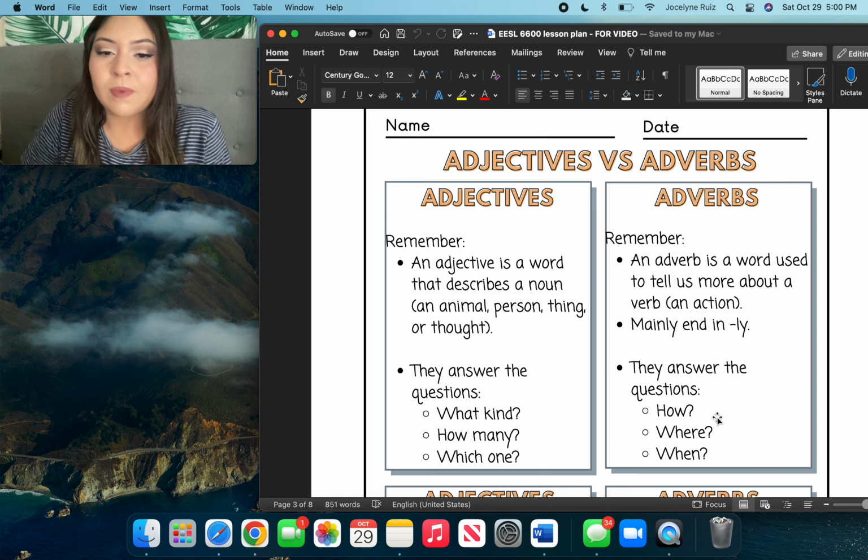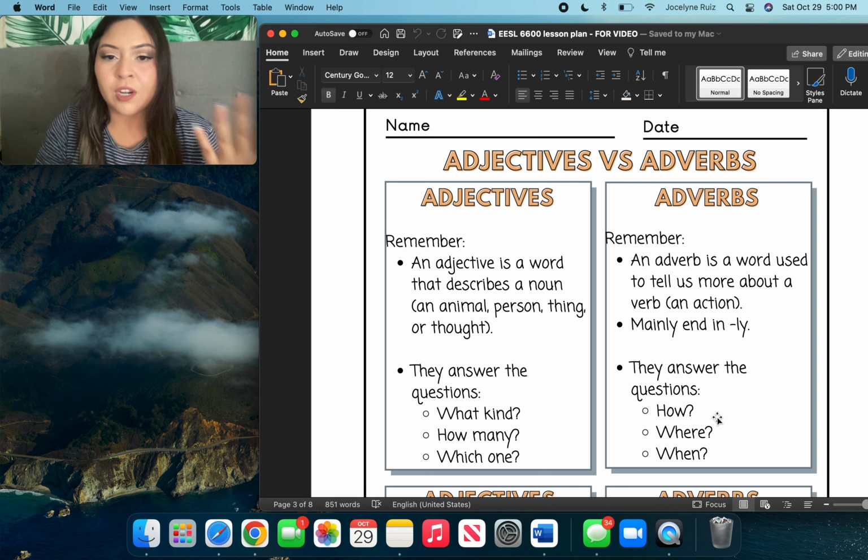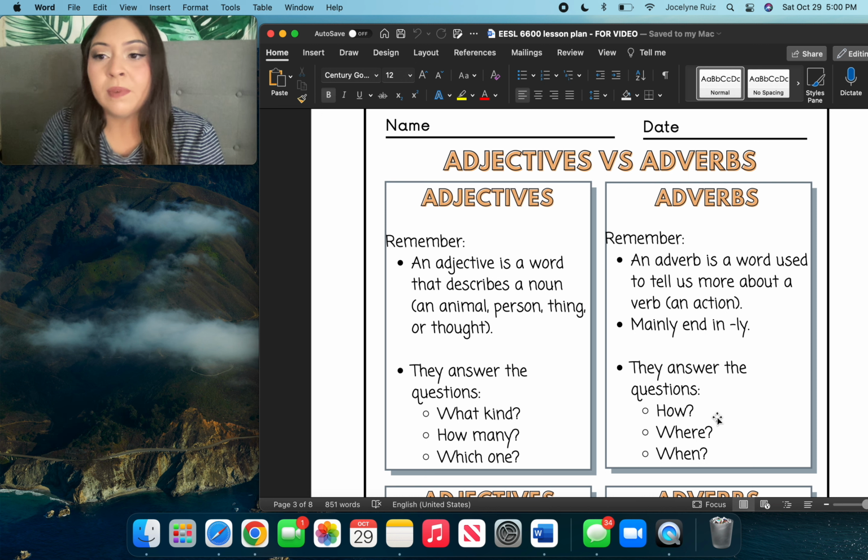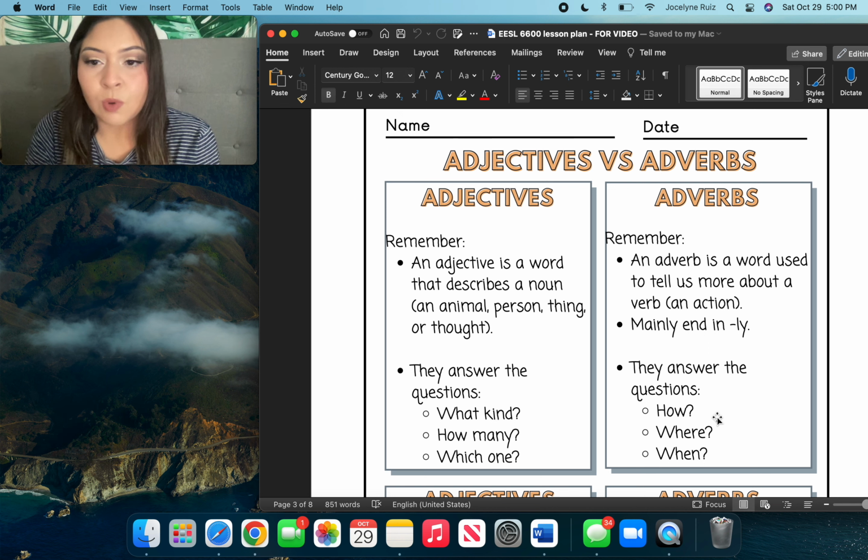And it's important to remember the questions they answer. Adjectives answer the questions what kind, how many, and which one. So those are questions that you should be familiar with, and adjectives help with answering those questions. For adverbs, we have to remember that an adverb is a word that is used to tell us more about a verb, which is an action.